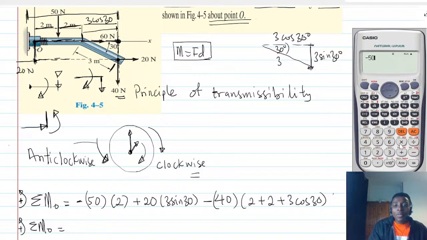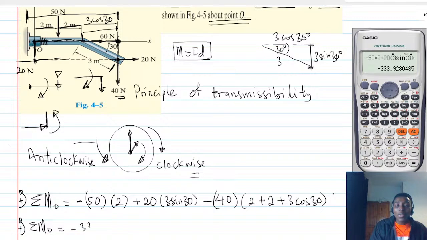So minus 50 multiplied by 2, plus 20 multiplied by 3 sine 30, and then minus 40 multiplied by 2 plus 3 cosine 30. Is that right? What is it then? So the answer is 333.92.